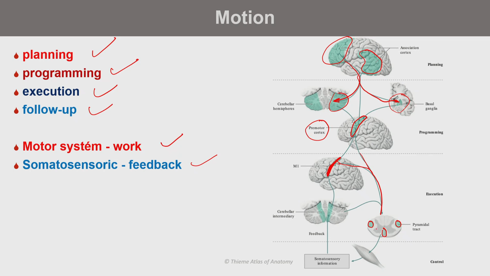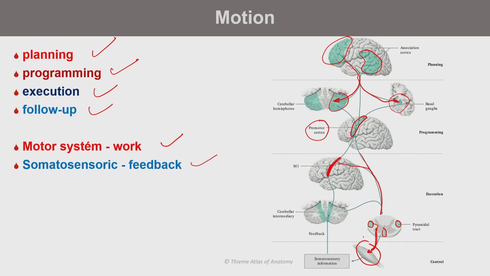And in the spinal cord then the information is transmitted to the anterior horns, where are motor neurons, and those motor neurons transmit the information to the muscle.